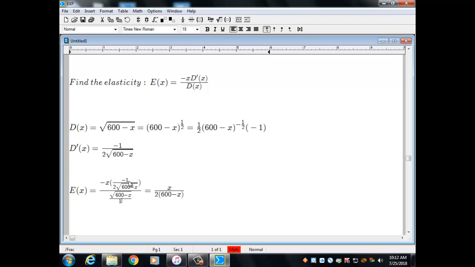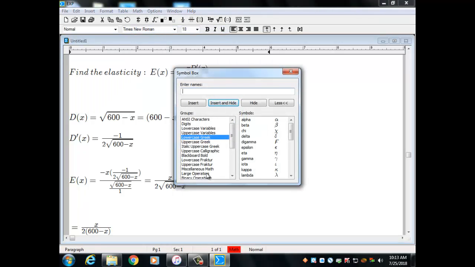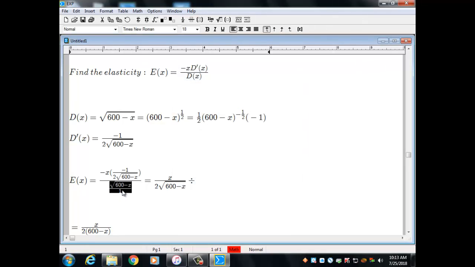Then remember that when you divide fractions, you multiply by the reciprocal. So what you really have here is x over 2 square root of 600 minus x, divided by this piece. Does that make sense?